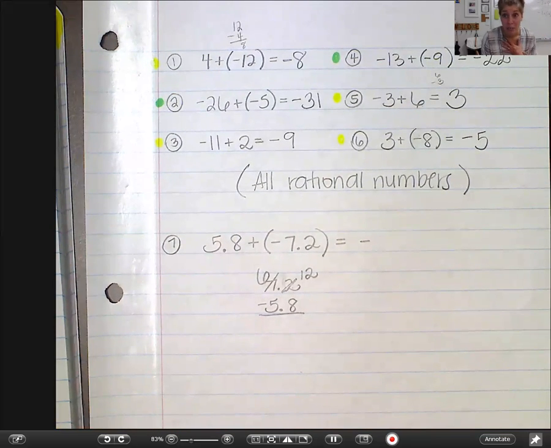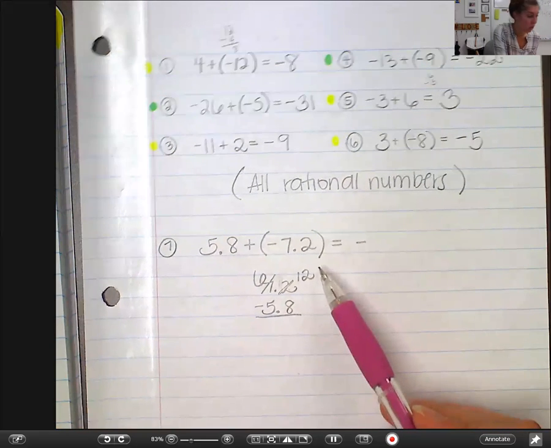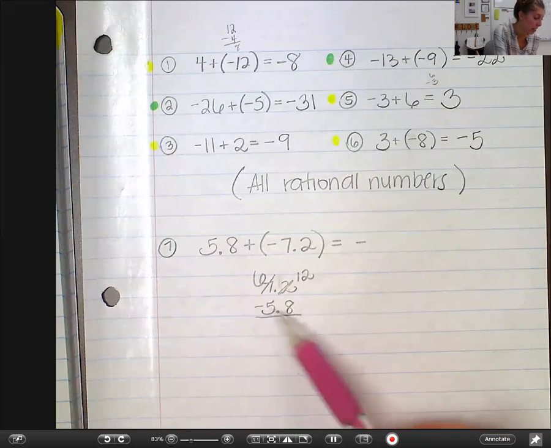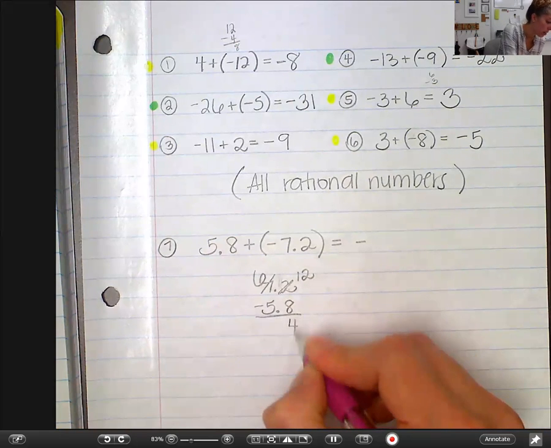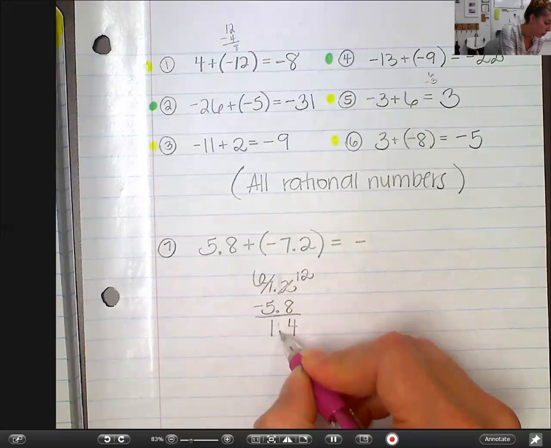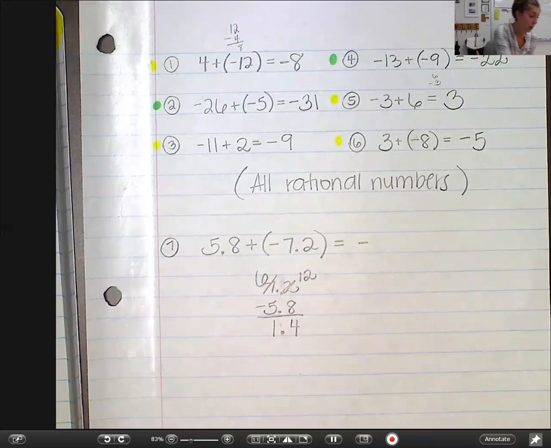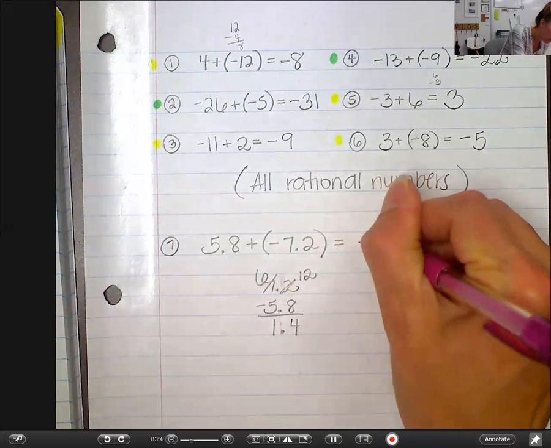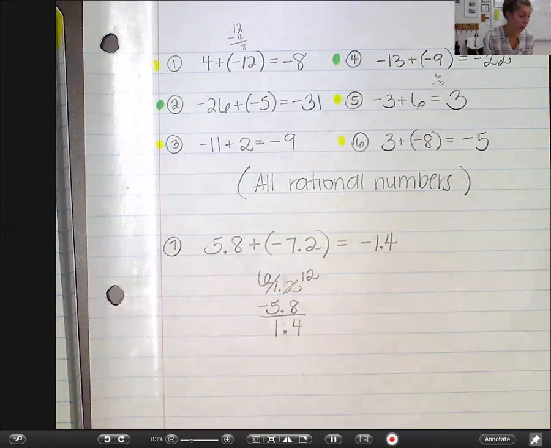As a math teacher, I will accept both. Please don't stress. Whatever works for you, keep doing it. All right, so now that I've borrowed, 12 minus 8 is 4. 6 minus 5 is 1. And I bring my decimal point down. Negative 1.4. Okay.